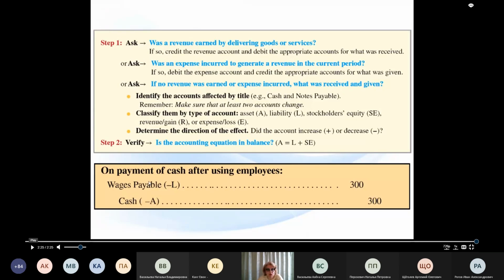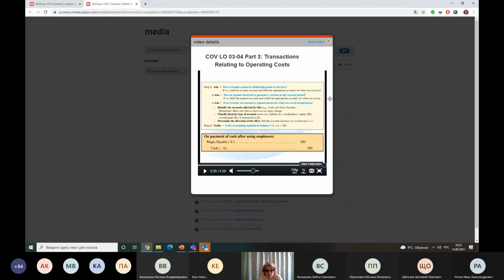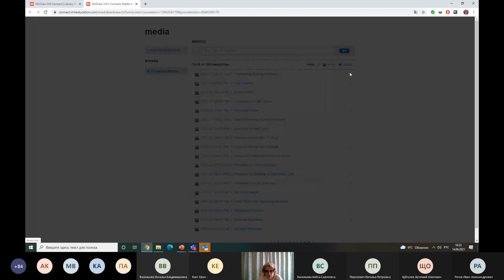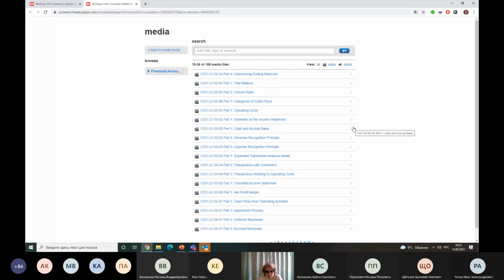And on the debit side, we should decrease an obligation, a liability for employees, and we put wages payable on debit. You see, minus liabilities, minus assets. So this is cash outflow and decrease in liabilities in the same moment.